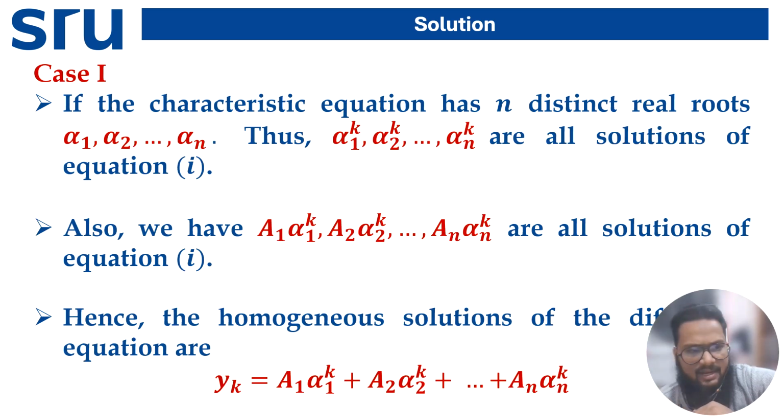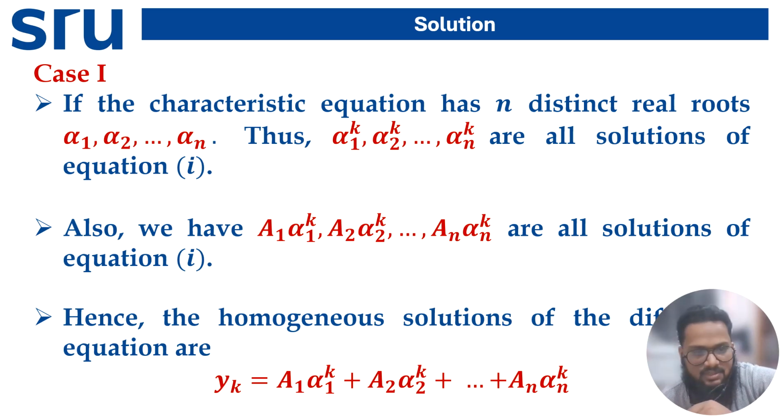The very first case is that if the characteristic equation, which I have already discussed, has a total of n roots and all n roots are distinct and real, say alpha 1, alpha 2, up to alpha n, then the solutions will be alpha 1 to the power k, alpha 2 to the power k, and so on. Finally the solution will be a combination of these.